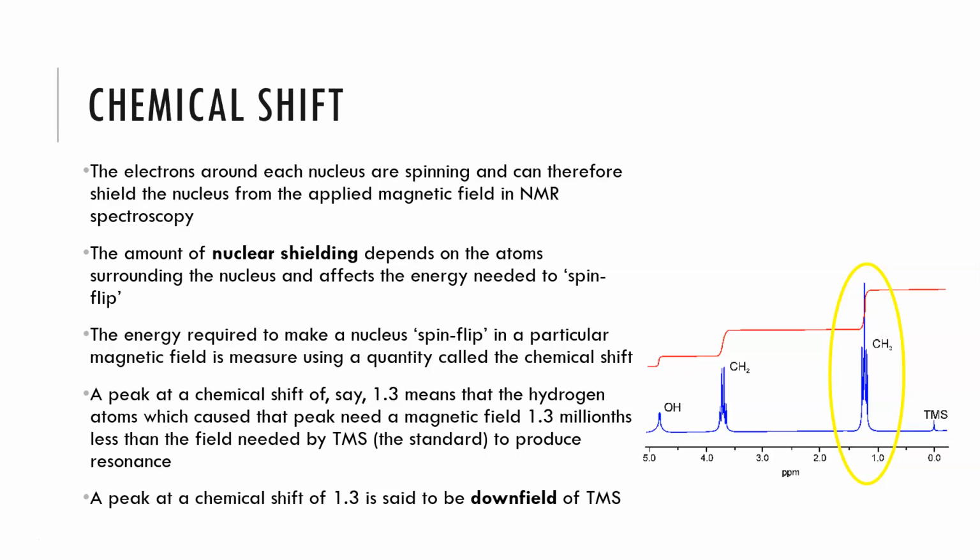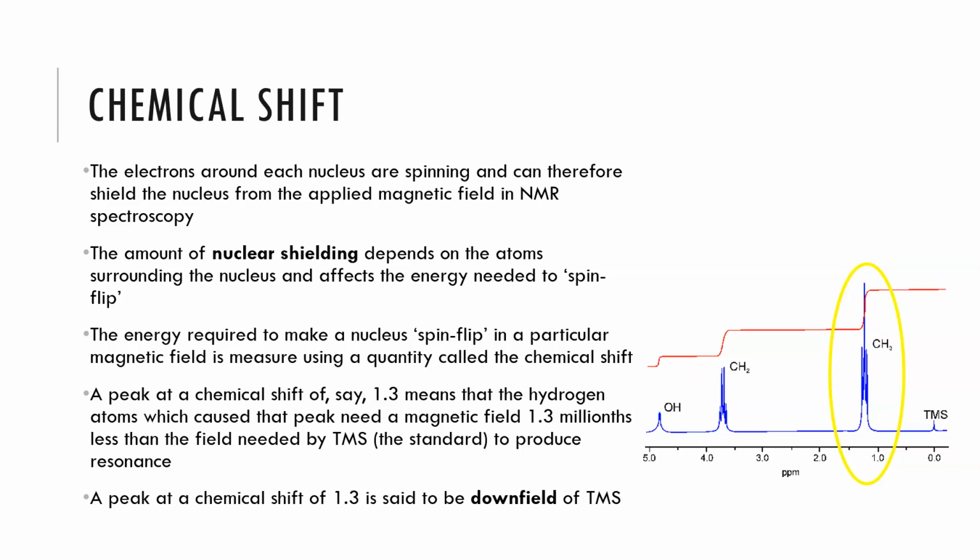So we get what we call nuclear shielding, and this depends on the different atoms that it's connected to. What this means is it changes the frequency at which the peaks are found dependent on their bonding environment, which is incredibly useful. So a chemical shift of, say, 1.3 means that the hydrogen that caused the peak is 1.3 millionths less than the field needed for TMS.